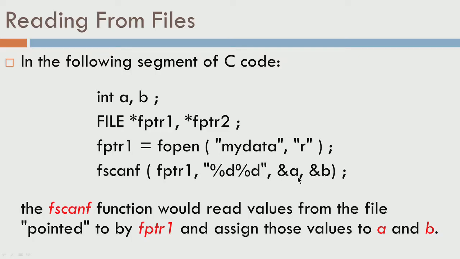It is very similar to scanf, except that you also pass the file pointer fptr1. So, fscanf takes three parameters: one, the file pointer; two, the format; three, a set of variables in which you have to read. In scanf, all we have done is get rid of fptr1, because scanf by default always reads from stdin. So, once fscanf is over, it would have read two integers from the file mydata.